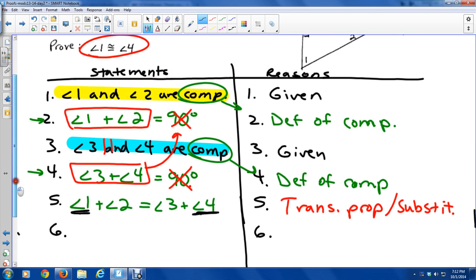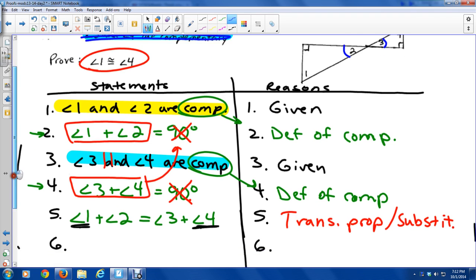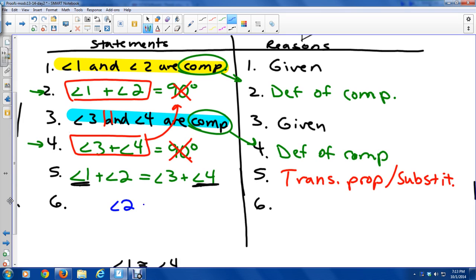So I'm going to check my picture real quick. Angle 2 and angle 3. Remember, your picture is part of your given information and can be a huge help. Angle 2 and angle 3, find them in your picture. What kind of an angle pair is angle 2 and 3? You better be saying vertical. Vertical angles are congruent. We're in luck. That turns into my next step, stating that vertical angles are congruent.